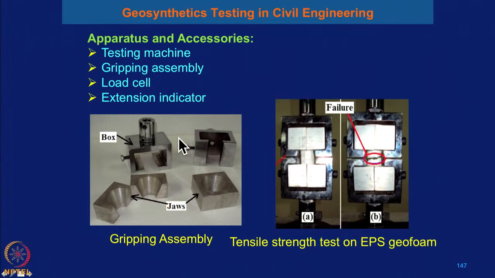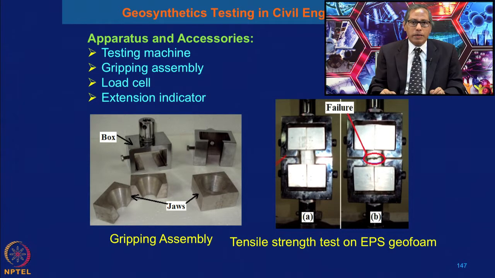Now, to perform the test, what I am showing is what kind of apparatus and accessories are required. You require a testing machine, a gripping assembly, a load cell and an extension indicator. Here you can see the box and the jaw, and this kind of dumbbell shape of the sample. The preparation of the sample, the jaw and the box is quite complex.